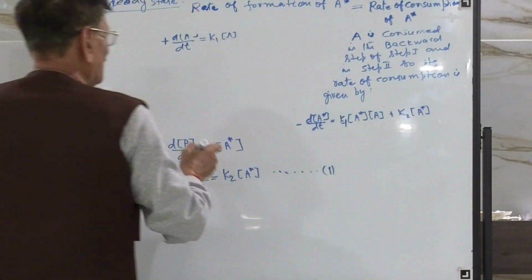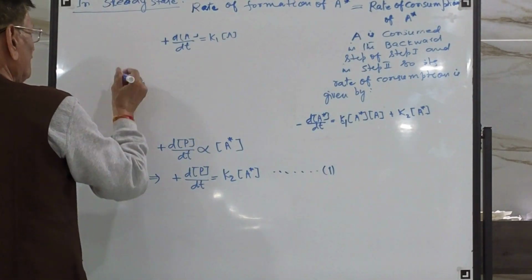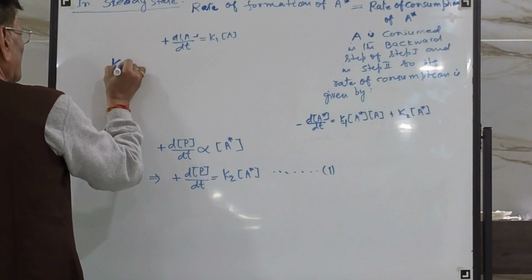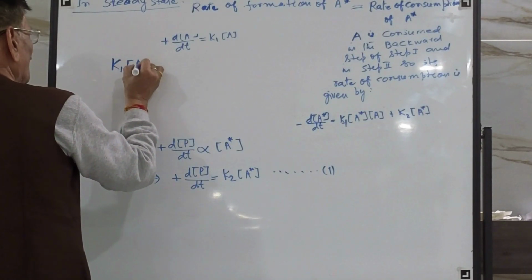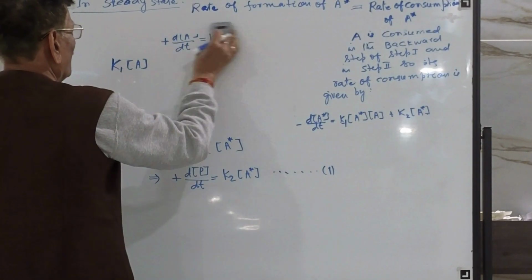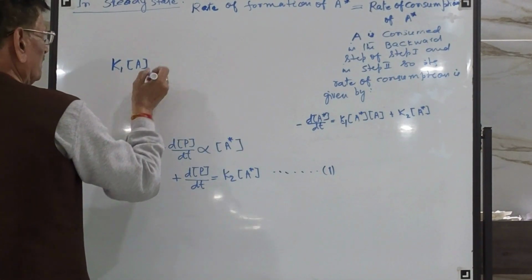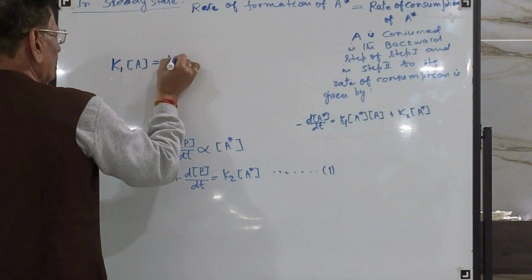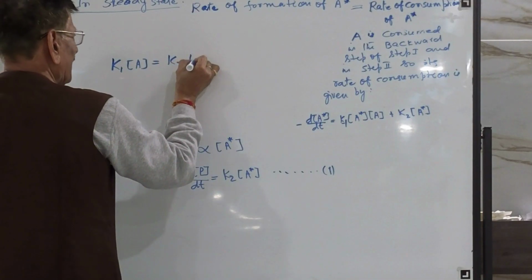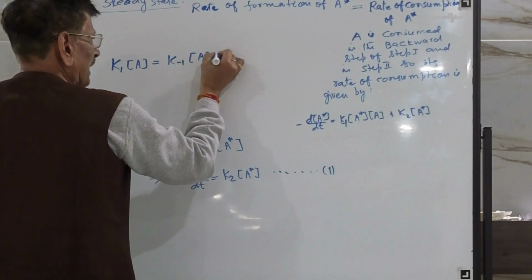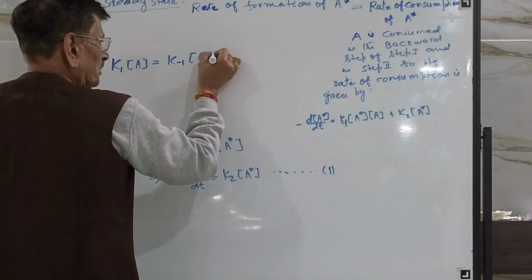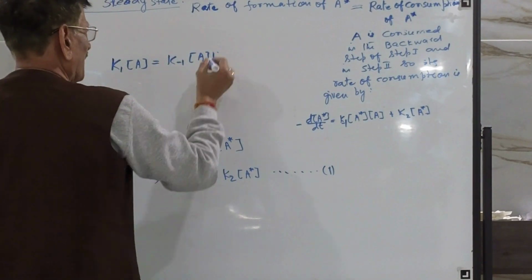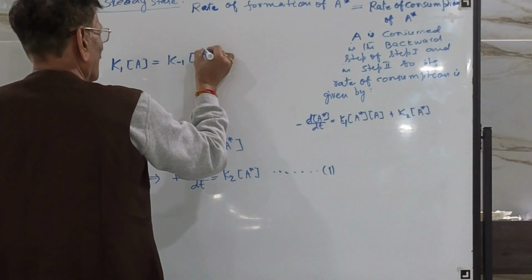So this must be equal, that is, K1A is equal to K minus 1 A star plus K2 A star.